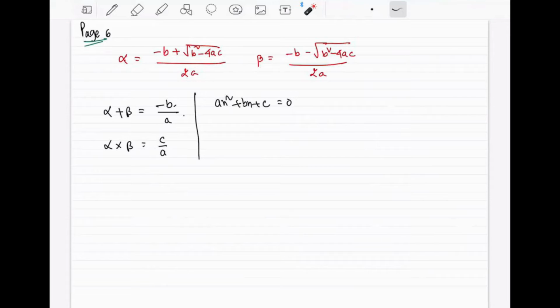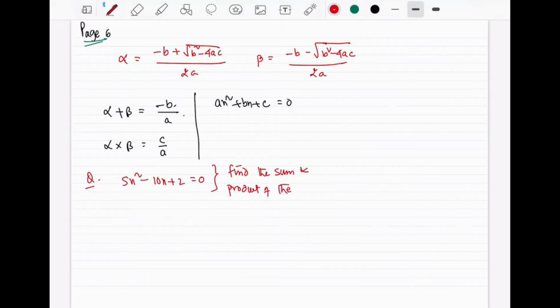Then let's take one or two examples in order to apply these two formulas. First of all, let me take this equation: 5x square minus 10x plus 2 is equal to 0. From here you have to find the sum and product of the roots without solving.